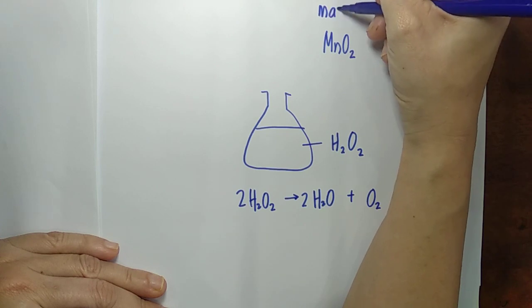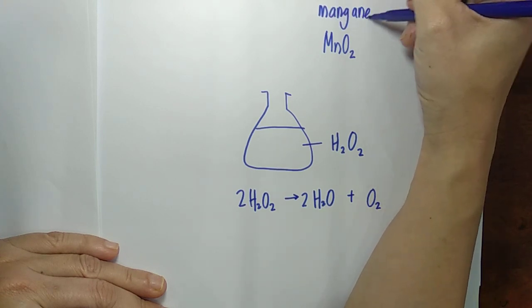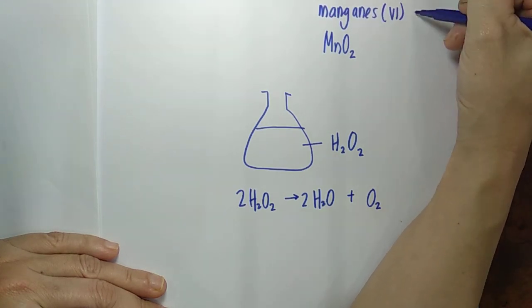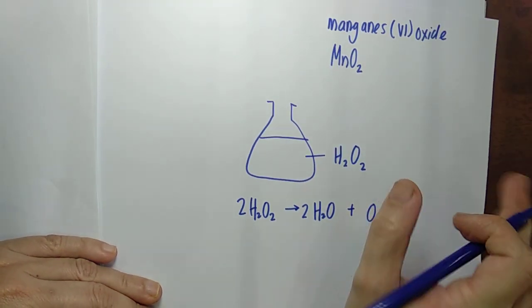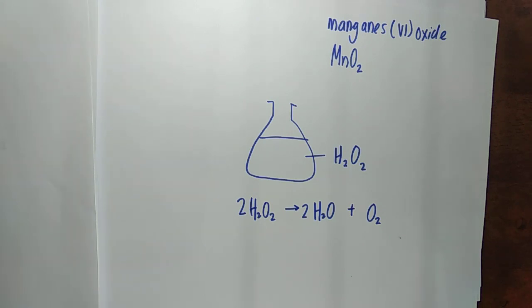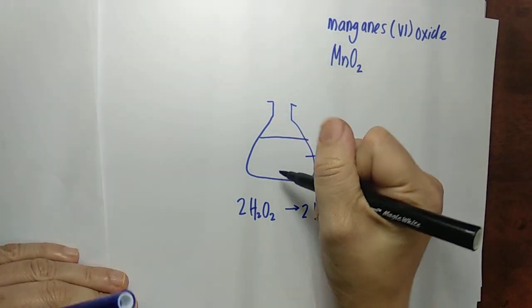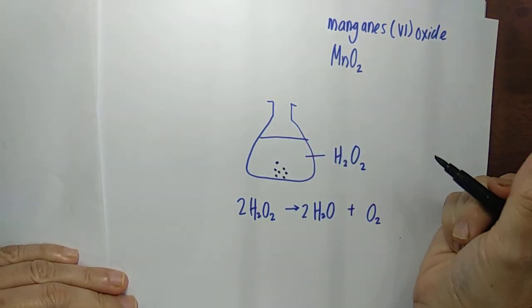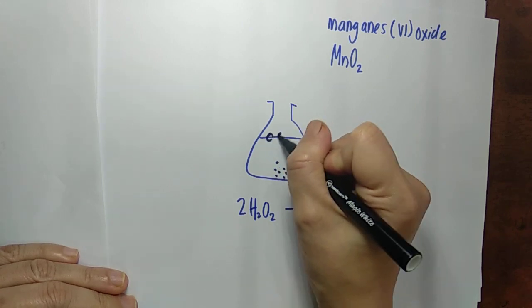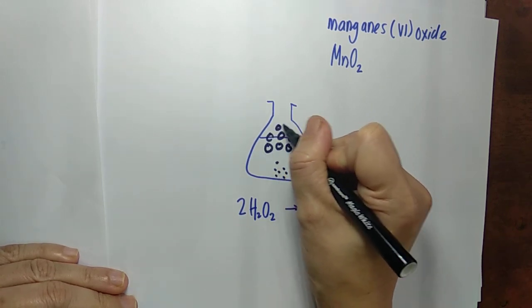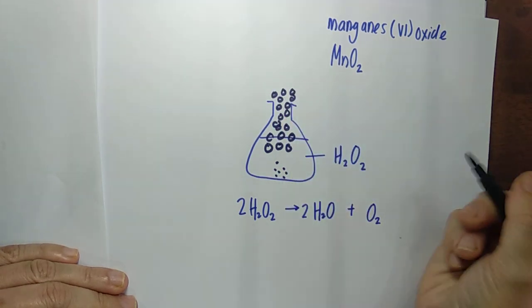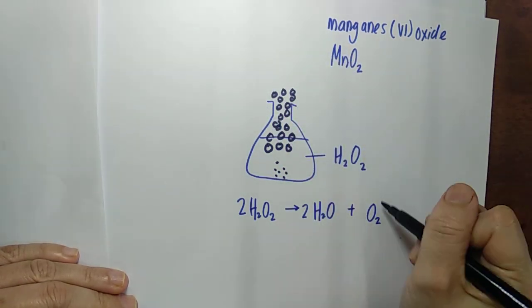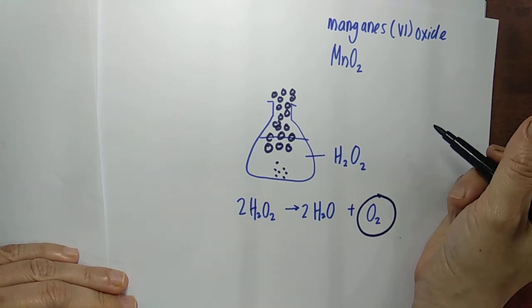Okay, so you need to remember the name manganese(IV) oxide. Manganese(IV) oxide is a black powder. So when you add it into your hydrogen peroxide, it will start to bubble like crazy, and it releases lots and lots of oxygen.